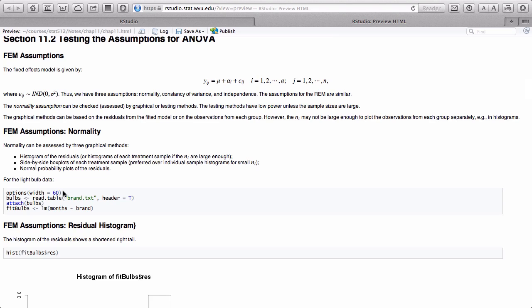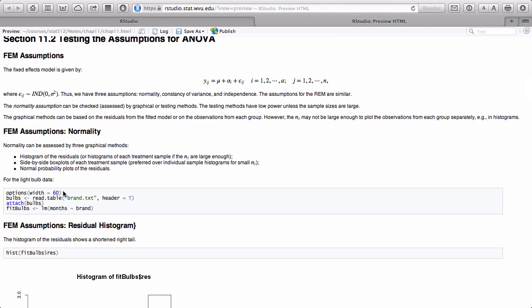But as I mentioned to you, we're also going to be interested in whether or not the random effects have certain assumptions. We make certain assumptions about the alpha sub i's too, and I'll talk about that in a little bit.